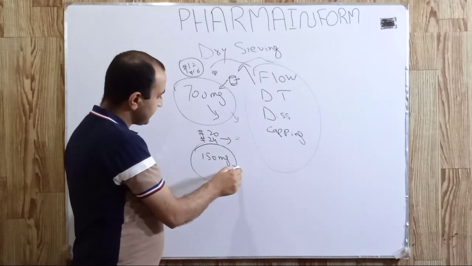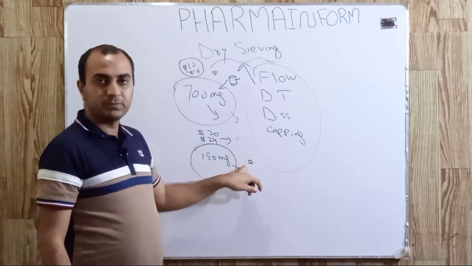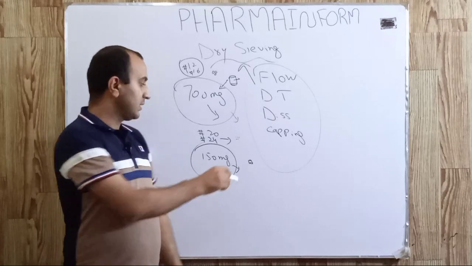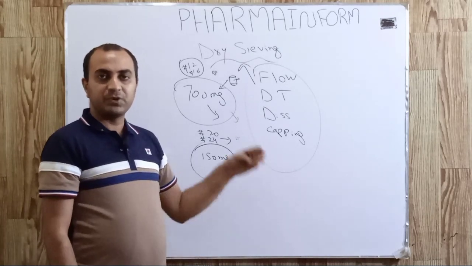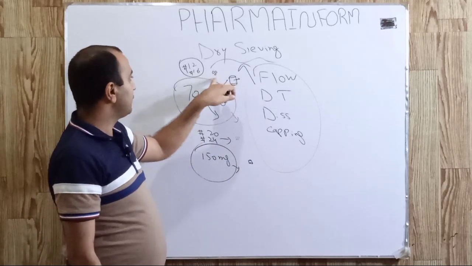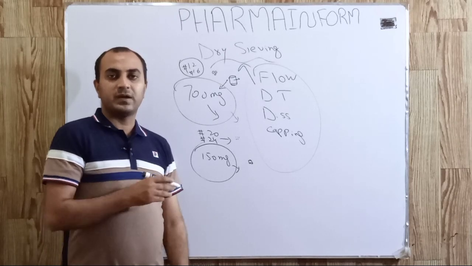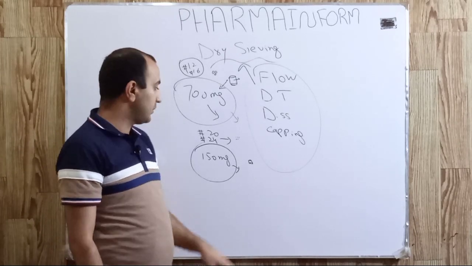For small size tablets we have basically small dies. So for filling of small dies, if we use large size granules, the die filling will not be proper and empty spaces will remain inside the dies and will result in many defects or problems.